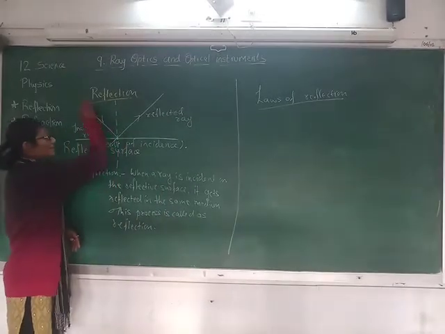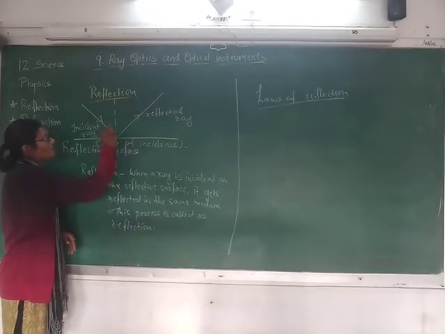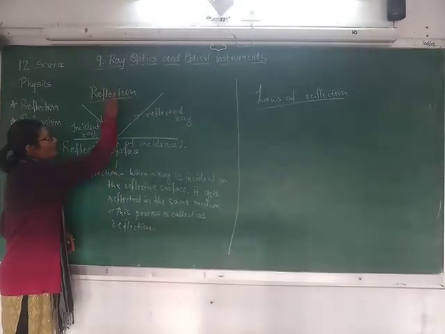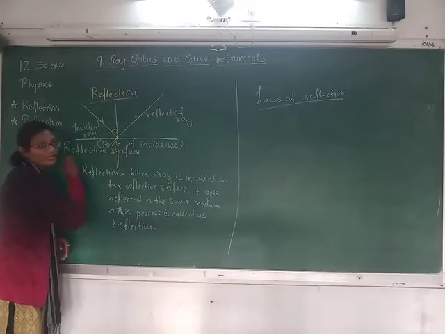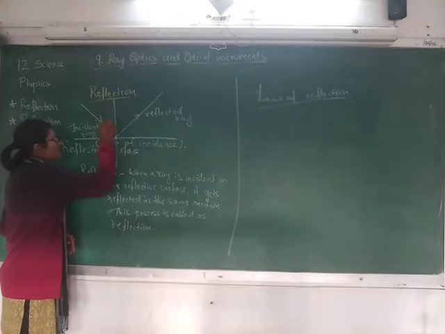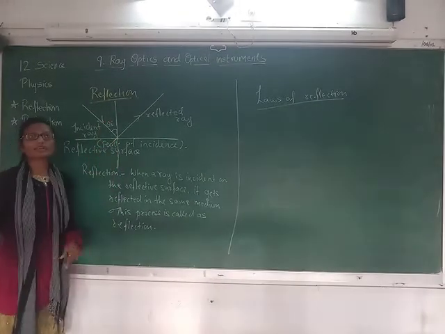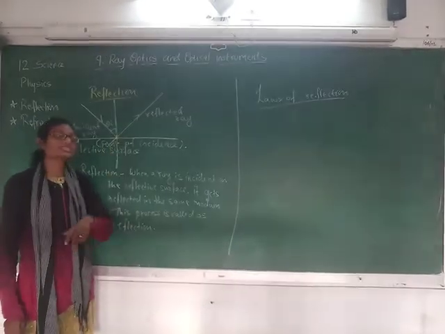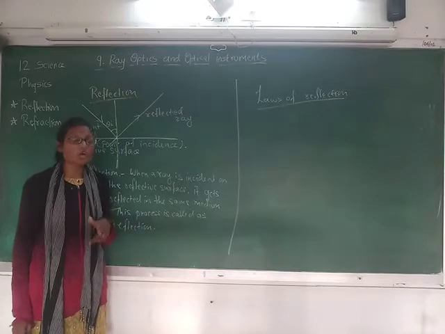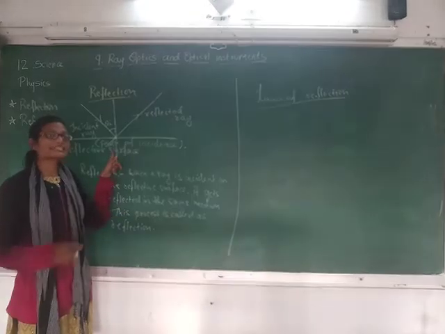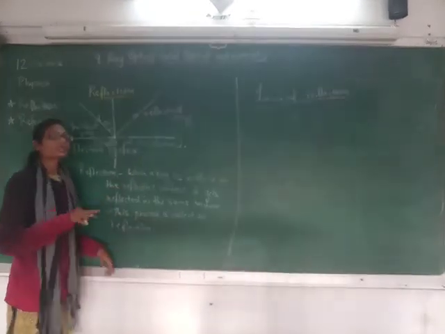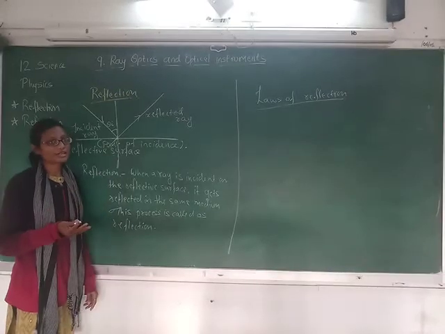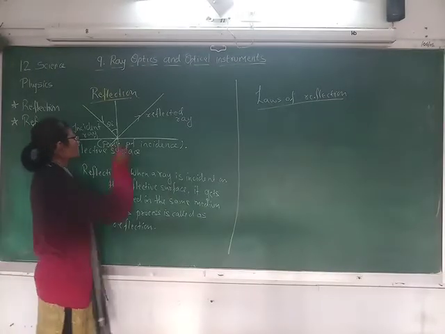The incident ray makes an angle with respect to this normal line. This angle is called the angle of incidence. It is represented by theta i. You can simply represent it as theta 1, or simply as i. You can denote it anything, but you have to mention what the angle of incidence is.